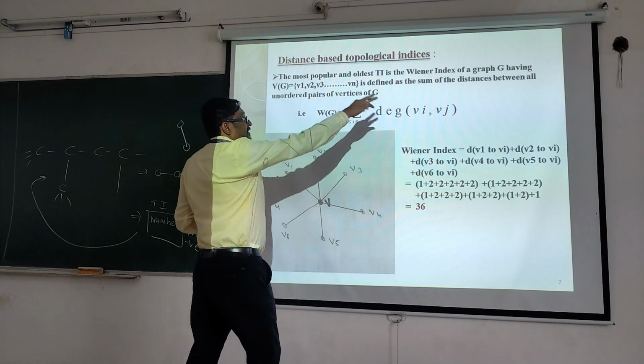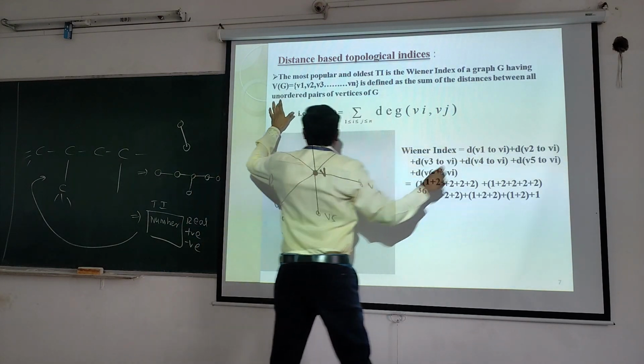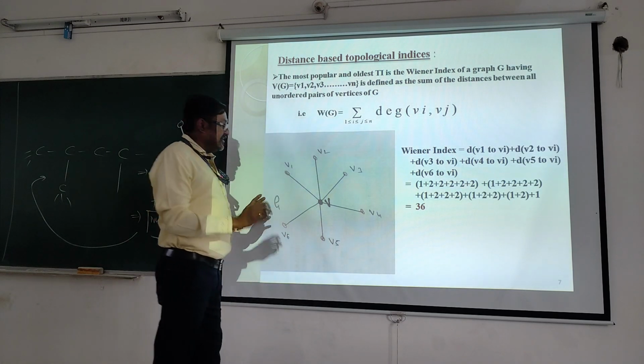That means here I made a clear statement: distance between all unordered pairs of vertices.